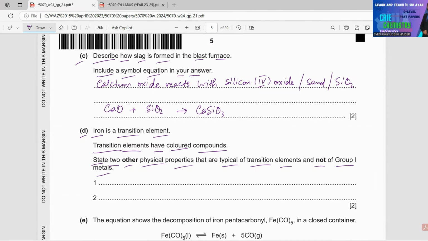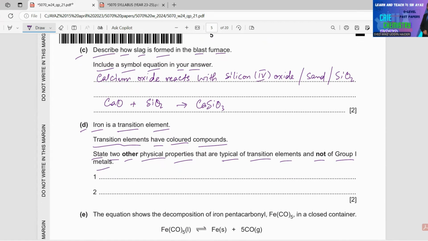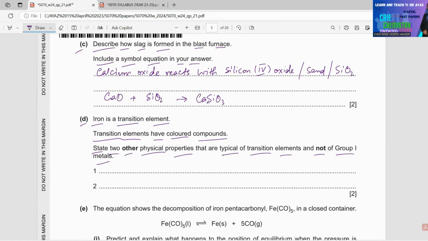You know, group 1 metals are soft, they have low density, low melting point, they are not used as catalysts, and they have fixed valency, +1 as their valency or oxidation number.